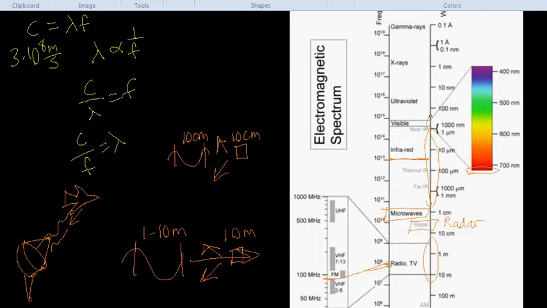Then we get into a very special region called the visible area, or the visible spectrum. And the reason it's so special is because this is when most materials start absorbing and reflecting different parts of that spectrum of waves.